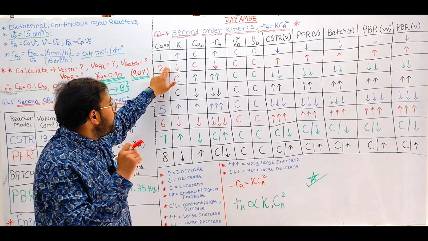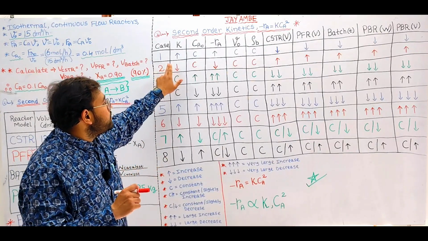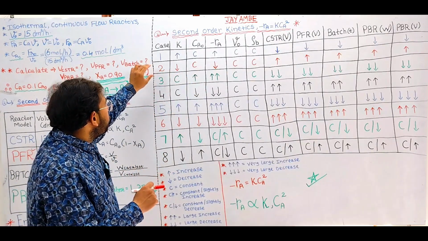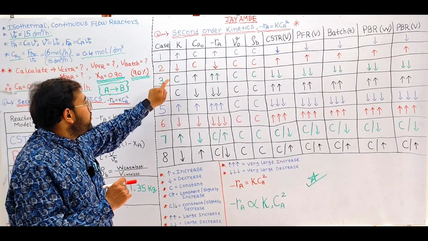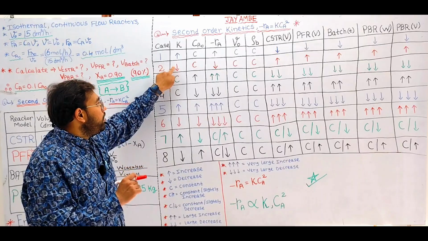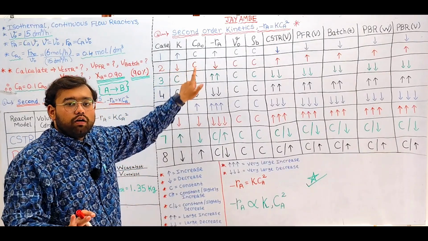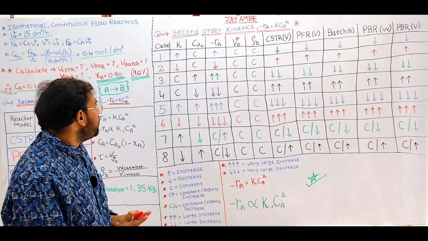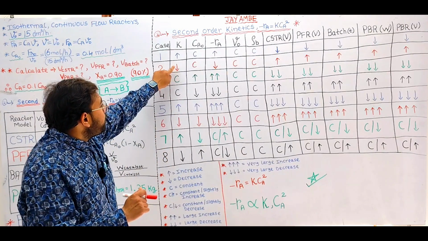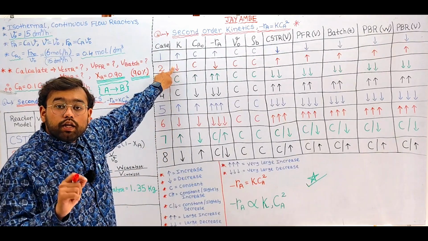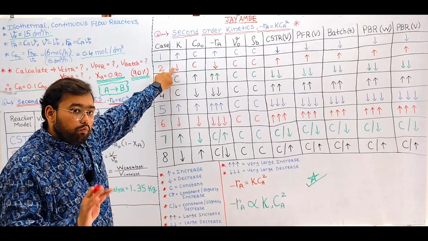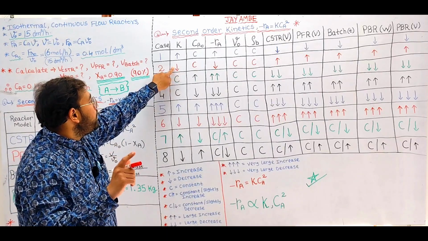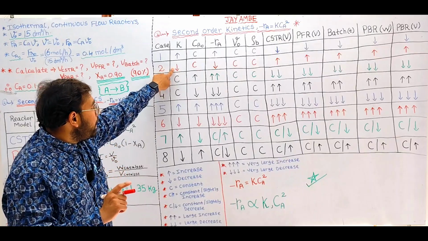Now we'll understand the engineering interpretation for the second case, right? We will observe this type of phenomenon when there is a decrease in the temperature of the reaction environment, where the concentration of the reactants is kept constant. So the decrease in the temperature of the reaction environment results in a decrease in the rate constant K, right?